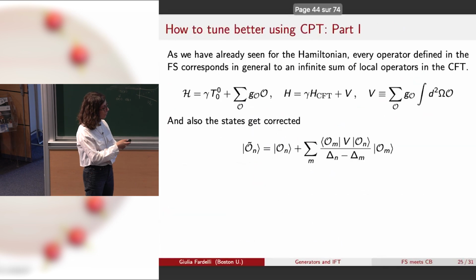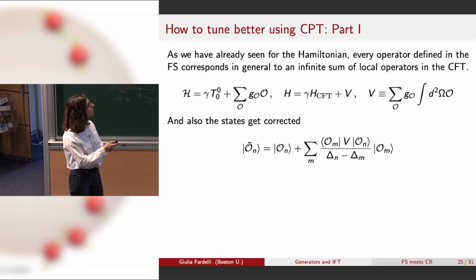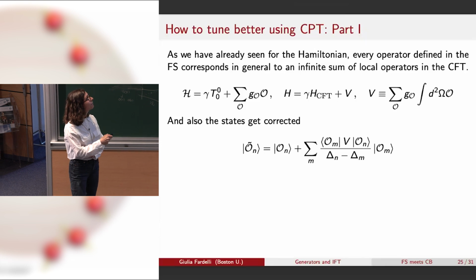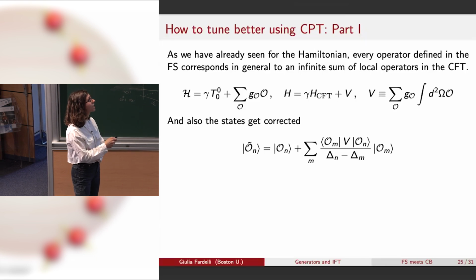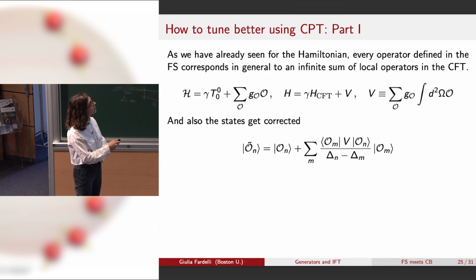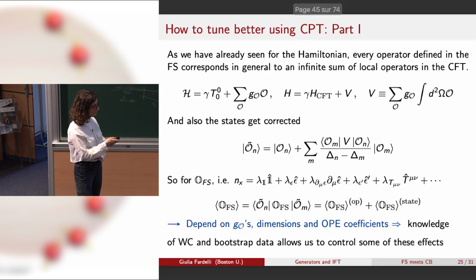Okay, so we were trying to remove these UV effects. Let me remind you once again that every fuzzy sphere operator is just an infinite sum of local operators in the CFT. So this is what happens for the Hamiltonian density that we have seen before. And this means that also the eigenstates get corrected. So the O tilde that I have on the fuzzy sphere is the CFT one, but I also have this correction, where in principle I'm summing over all possible descendants.